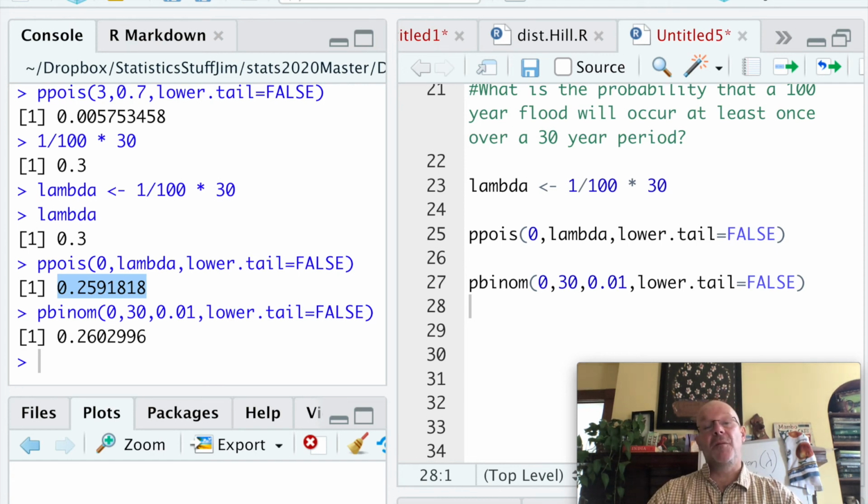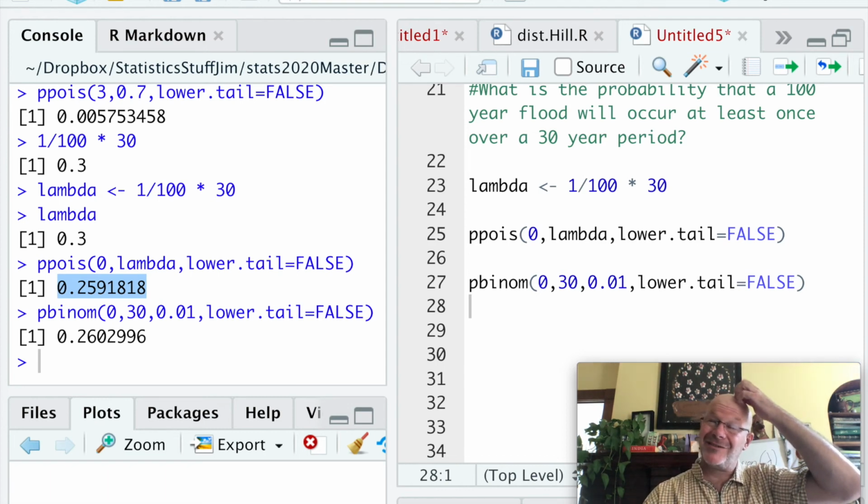And the reason why I chose a 30-year period is because that's the average amount of time that a typical mortgage has, right? You buy a house and you're going to try to pay off a 30-year mortgage. If you're in a flood zone, it's somewhat misleading to think, oh, well, it's a 100-year flood. There's a 1 in 100 chance.